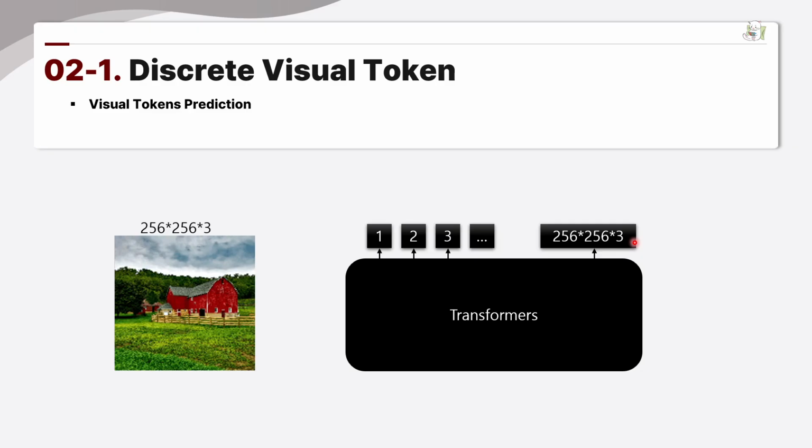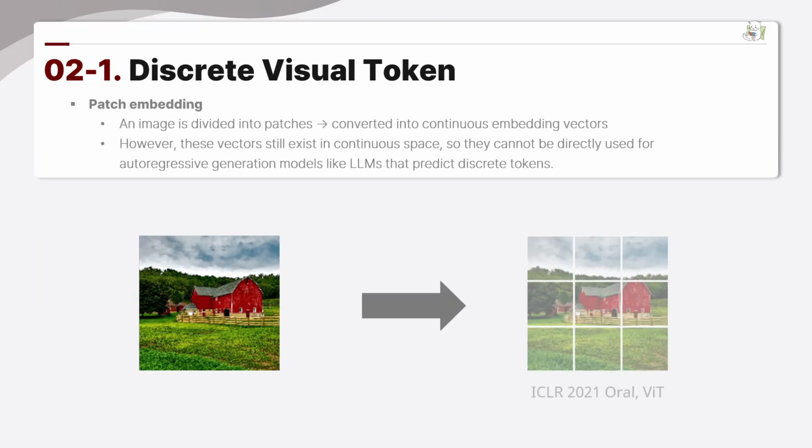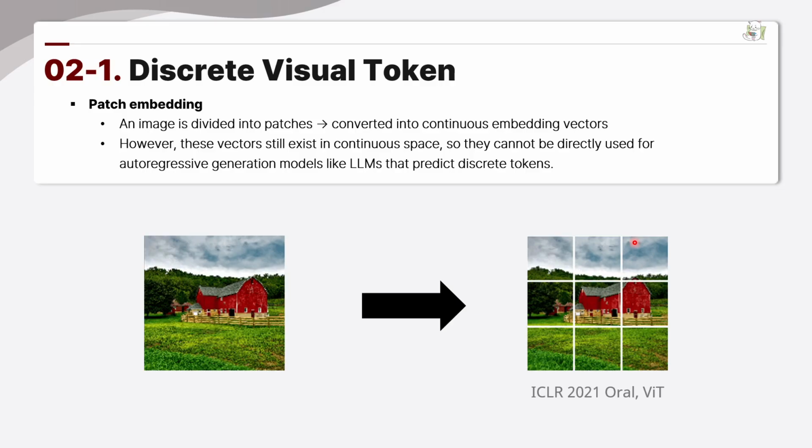Therefore, an efficient compression method is required. There was a method where an image is divided into patches. A famous example is ViT. However, since the embedding vectors are continuous, we couldn't directly use language models that operate on discrete tokens.